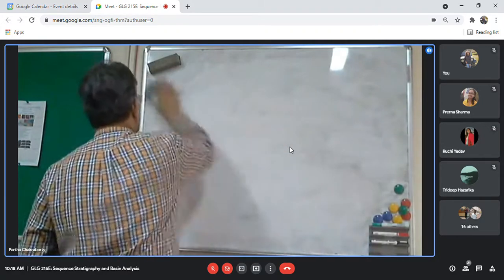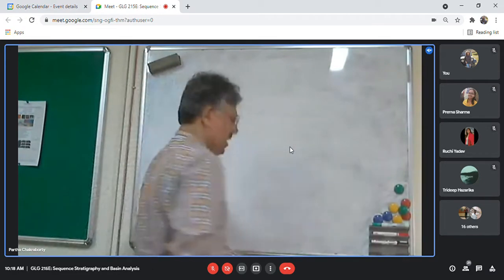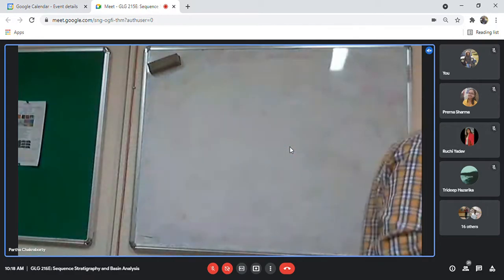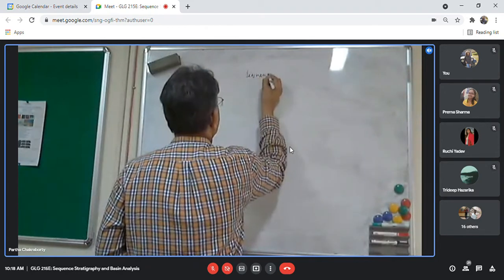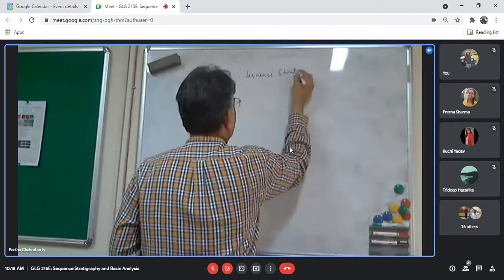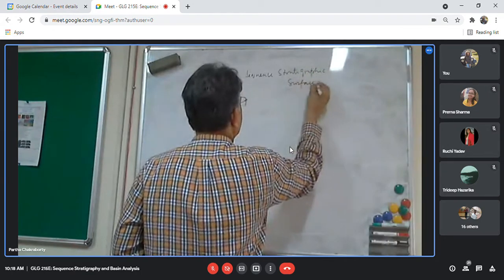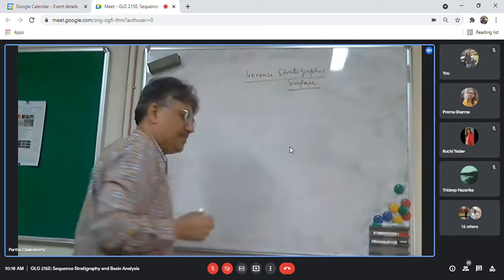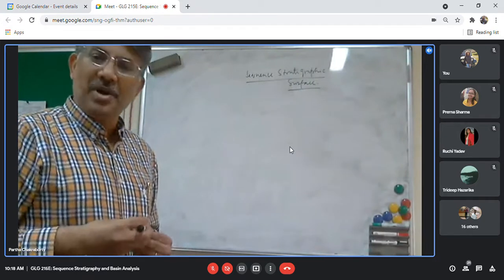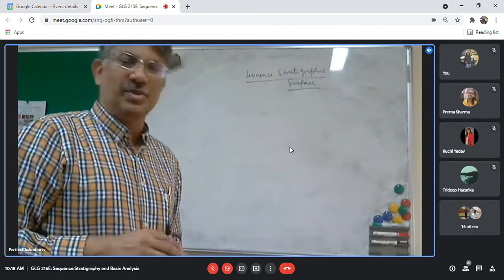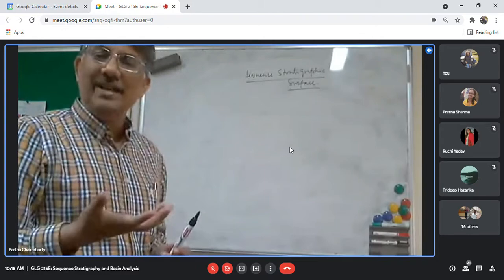We have already discussed the system tracts, and now we will come to sequence stratigraphic surfaces, and their importance with respect to the system tracts, with respect to the parasequence, with respect to the different trends in the shoreline movement.